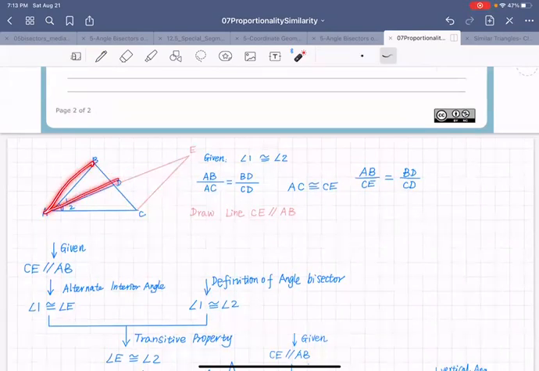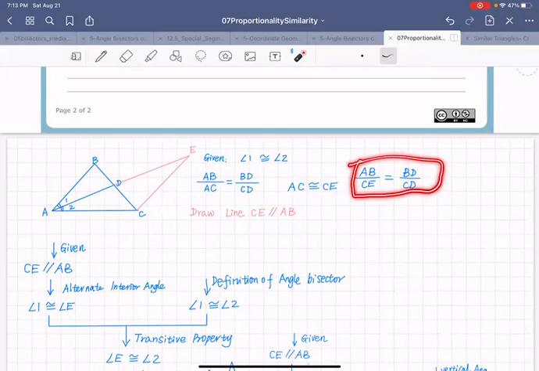This is a similar triangle. So we proved these two equal, so this guy got replaced by CE. So as long as we can prove this one, then we are able to prove this one, right? By the substitution property. Make sense? Okay, so we will focus on how we prove this part. This part we will use the similar triangle information to do it.